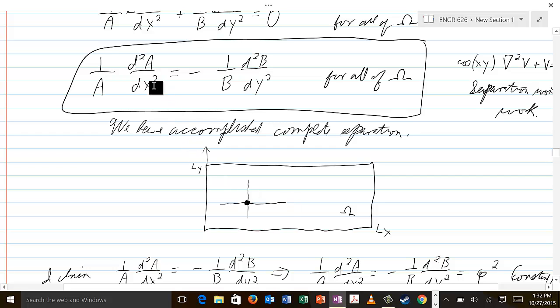However, you would think that the left-hand side would be changing, because as we move back and forth along this horizontal line, x is changing. However, the left-hand side cannot change, because if it did, then the right-hand side would have to change, but the right-hand side cannot change because y is not changing. And so therefore, we conclude that both sides of this equation must be constants.